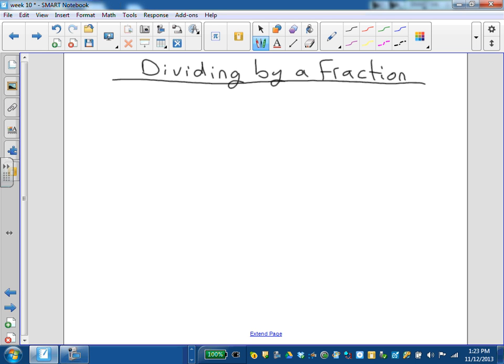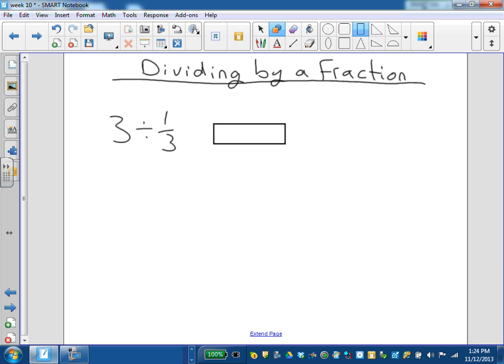All right, so what I'm going to do is write down what we just did. Let's do 3 divided by 1/3. Okay, I want you to draw as best you can. I want you to draw 3 little shapes. I'm not going to make mine real big, but I want you to make 3 little shapes.